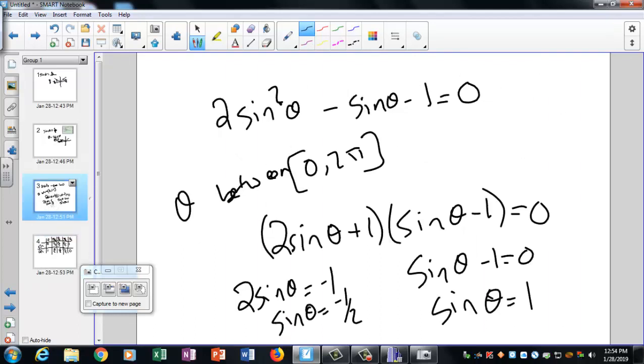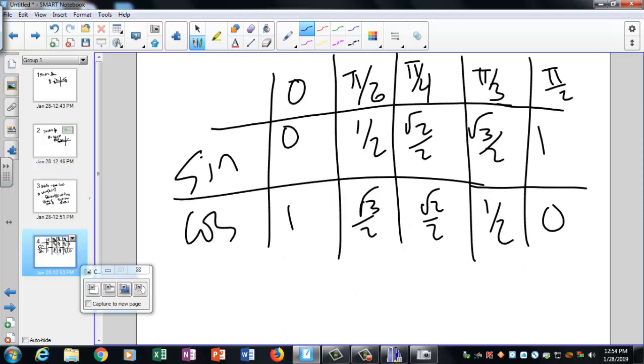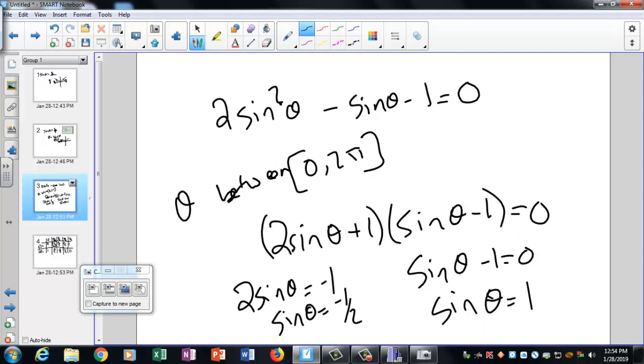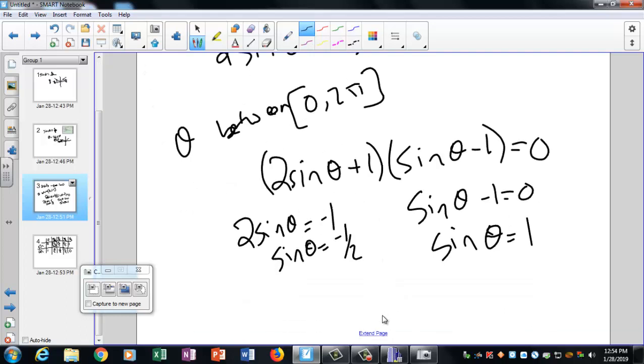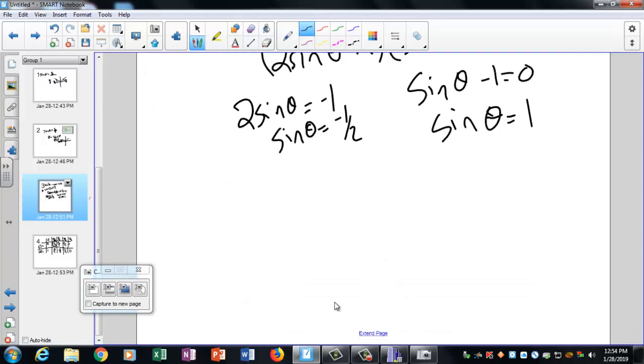So as we look at this problem, when is sine theta 1/2? Well, sine theta is 1/2 at pi over 6. Now here's the kicker. This is sine theta is negative 1/2. So the fact that the answer is pi over 6 doesn't help me because I have to know in which quadrants sine theta is negative.